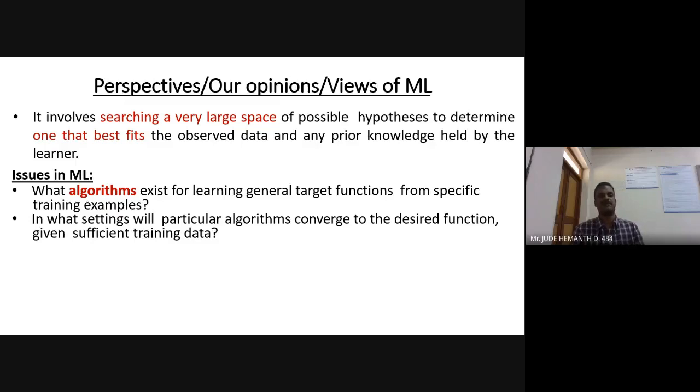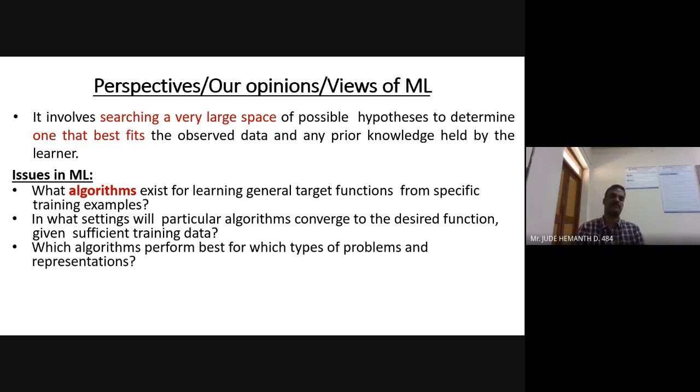In what settings will particular algorithms converge to the desired function given sufficient training data? In an algorithm, we have many parameters. You know, an algorithm is a step-by-step procedure where we have many variables. What should be the values of the variables? Till now, there is no concrete evidence that you should use a is equal to 5 or b is equal to something. It's only a trial and error method.